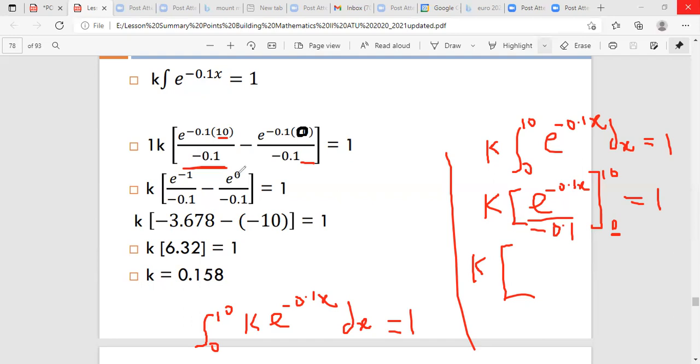Then e raised to the power 0 will be 1. 1 divided by 0.1 will be 10, but because there's a negative here, it will be minus 10. Then when you add these two, negative becomes positive, so you get 6.32. Then multiply with the k, and that equates to 1. So if you want your k, you divide both sides by 6.32.